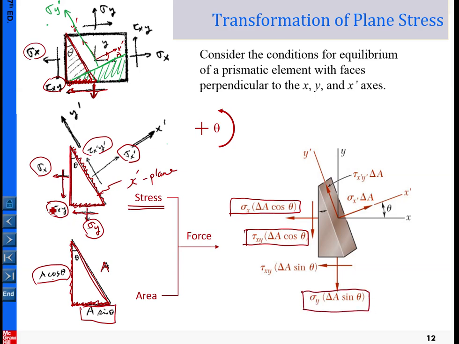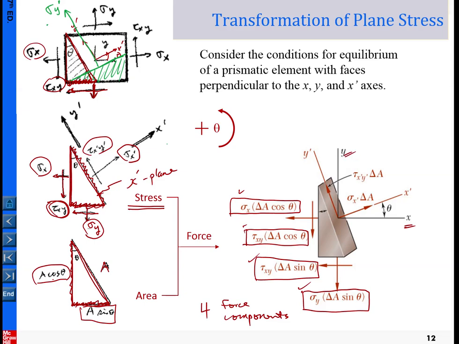And this multiplied with this area is also a force. So here we have the force components. In total, we have 4 force components. Those force components are in the original x and y directions.